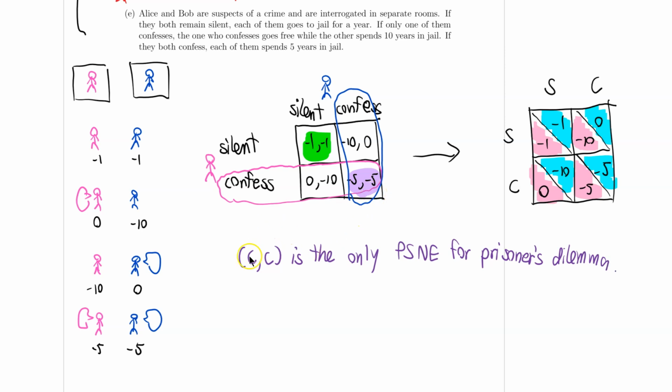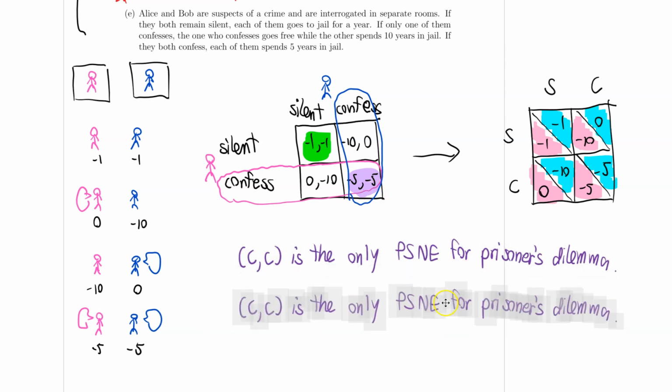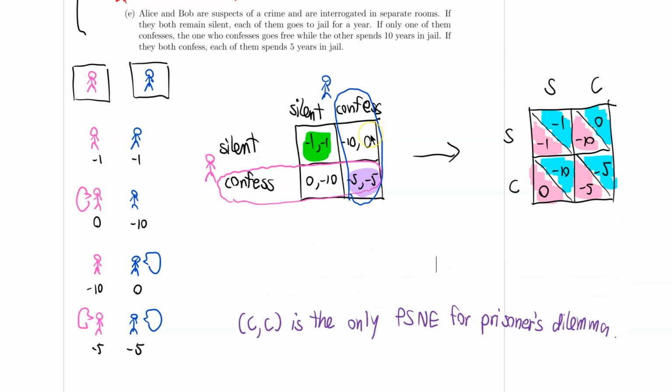In fact, you can also state another result, which is that for both players, confess dominates silent. What I mean is that playing confess is always a better choice than playing silent, no matter what the other player does.